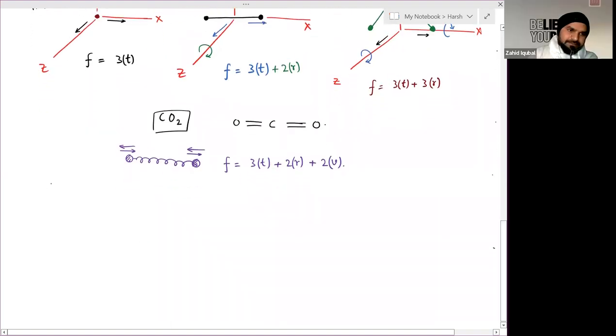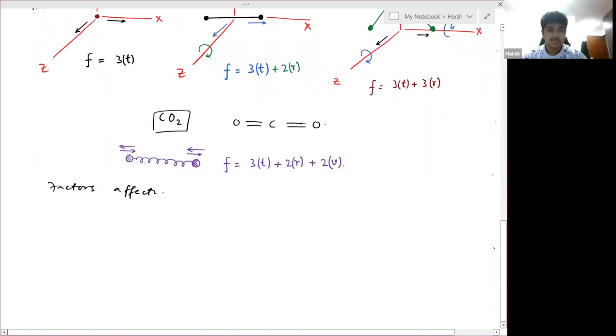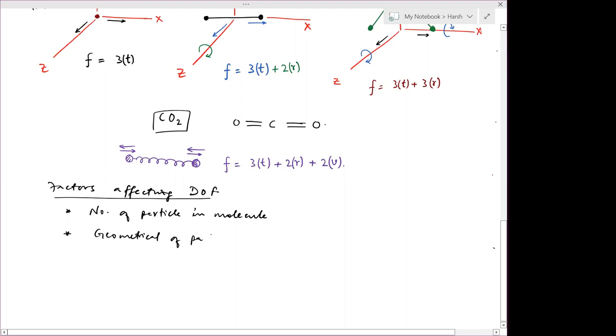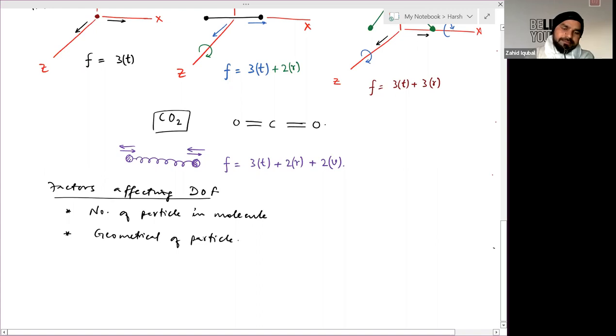So we may define the factors affecting degrees of freedom. First, the number of particles in the molecule. Second, the geometry of the particle, that is, shape. And third, temperature.